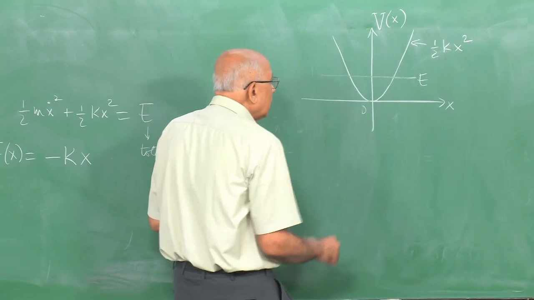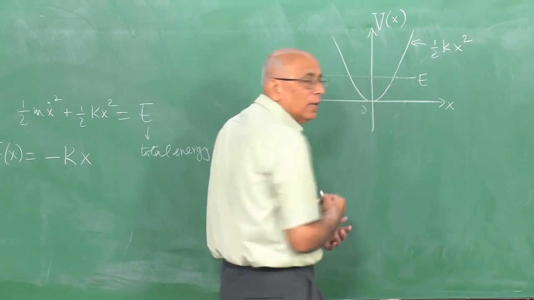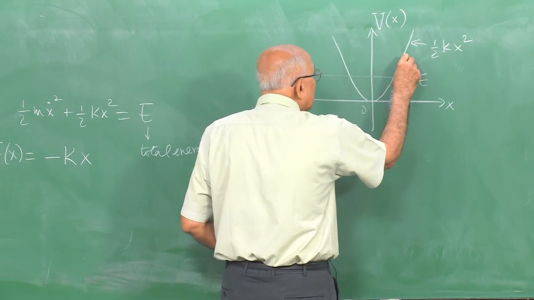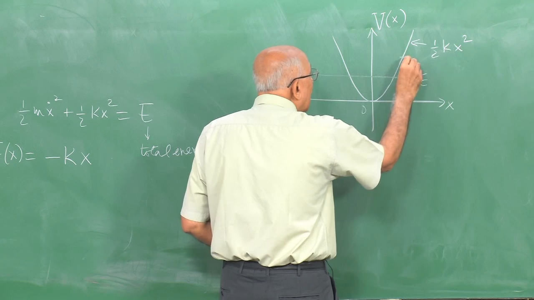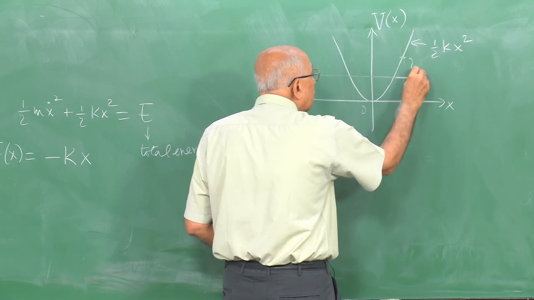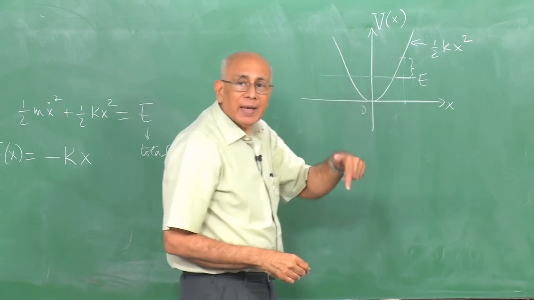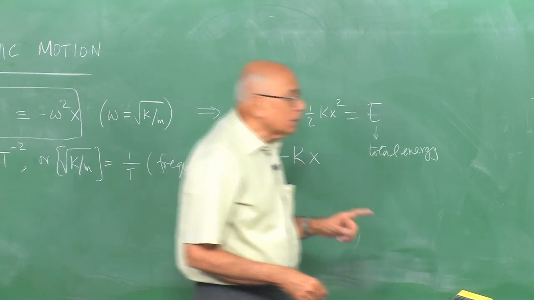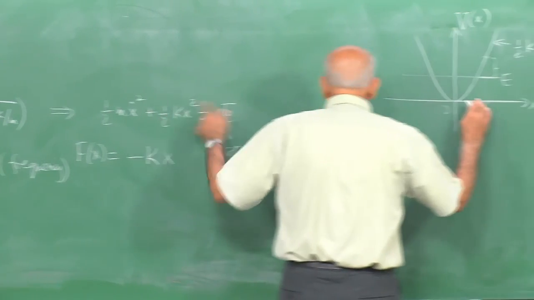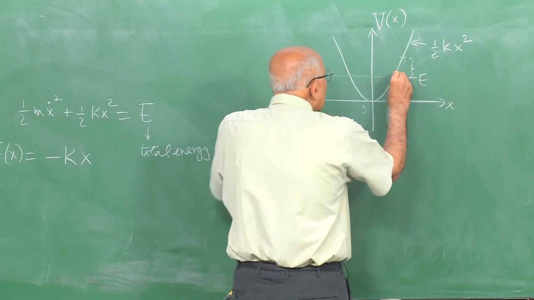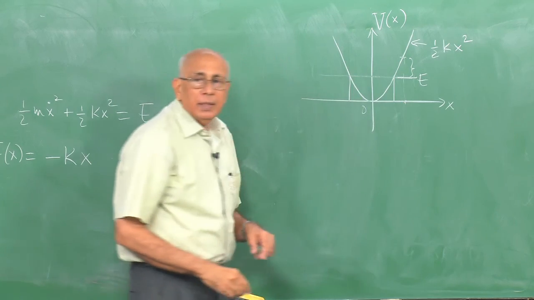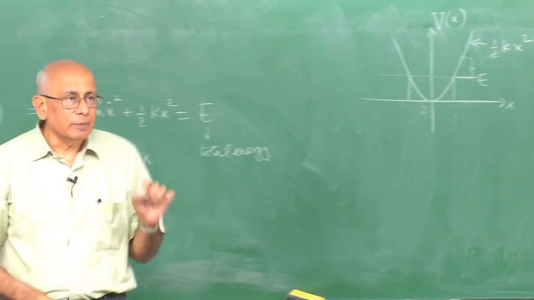Then this particle cannot be in this region at all, because if it were in this region, the potential V of x at that level, and the total energy is this much, therefore this must be the kinetic energy with a minus sign, but the kinetic energy cannot be negative. So it immediately says that if the total energy of this particle is some given number E, then the particle cannot go to the right of that point or to the left of this point. It's restricted to this region about the origin.